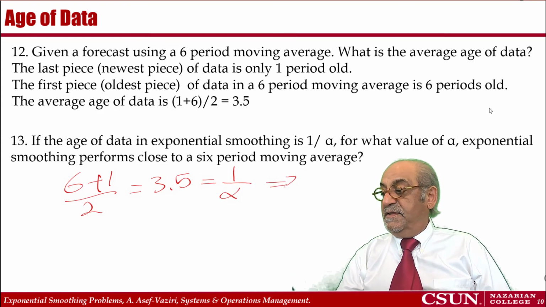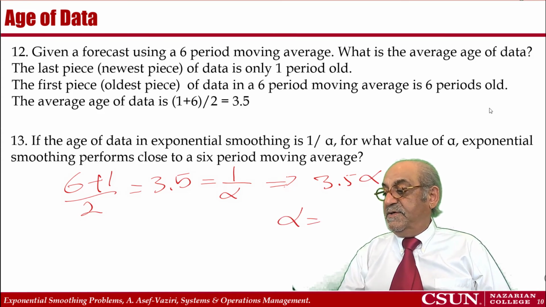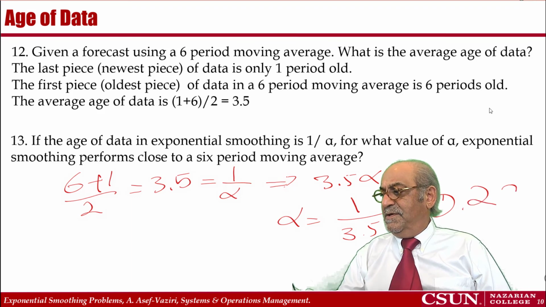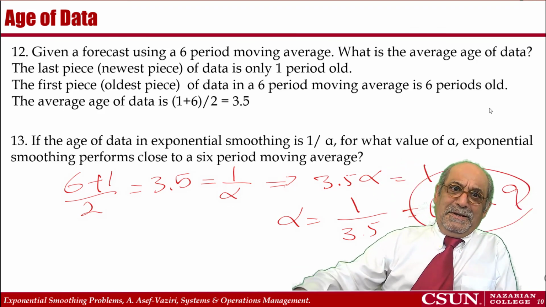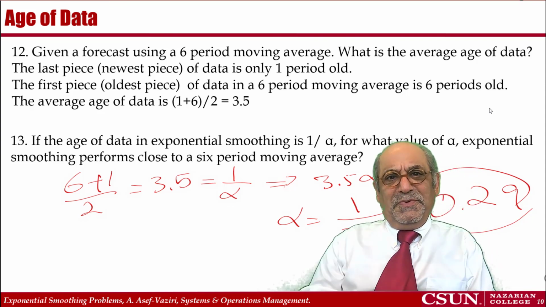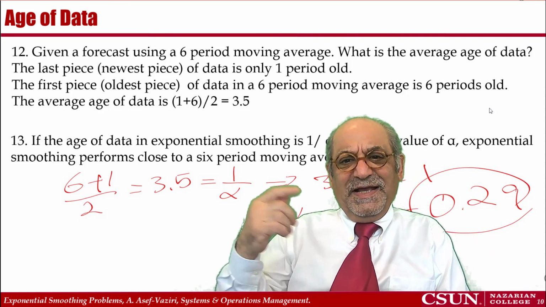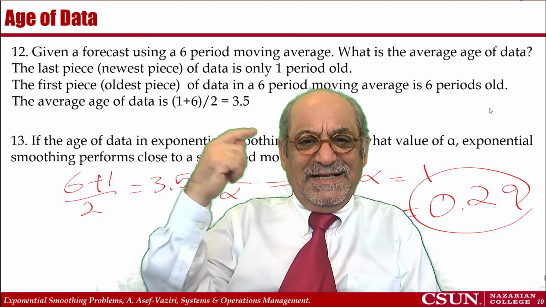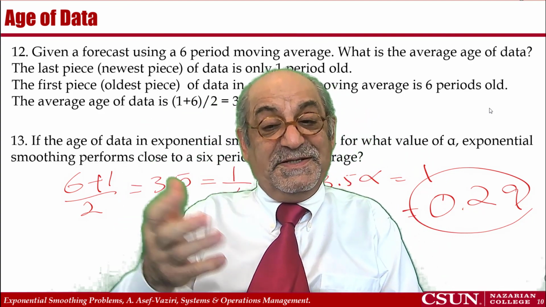That means 3.5 alpha is equal to 1, and alpha is equal to 1 divided by 3.5. I think that is something around 0.29. I remember that because this is some computations I did for moving average of graduates at CSUN over 6 years period.